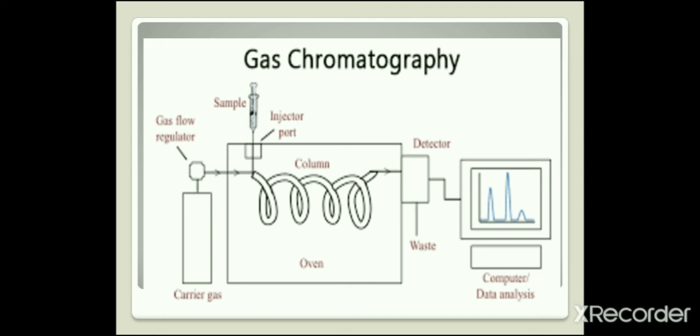If the components have solubility with the stationary phase, then they will elute from the column later, and if the components do not have solubility with the stationary phase, then they will elute from the column first. They are detected by the detector and then recorded on the computer.